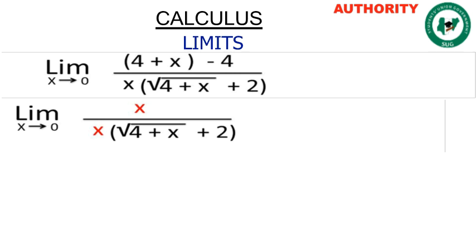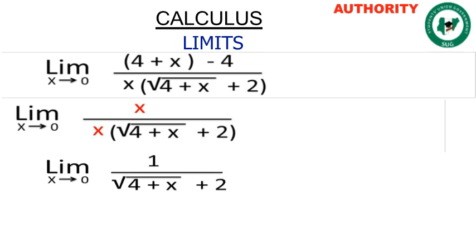Now we discover that x is in the numerator and x is in the denominator, so they can cancel each other. x divided by x will give us 1 in the numerator. Then x divided by x in the denominator will give us 1. And then 1 multiplied by square root of 4 plus x plus 2 will give us square root of 4 plus x plus 2.